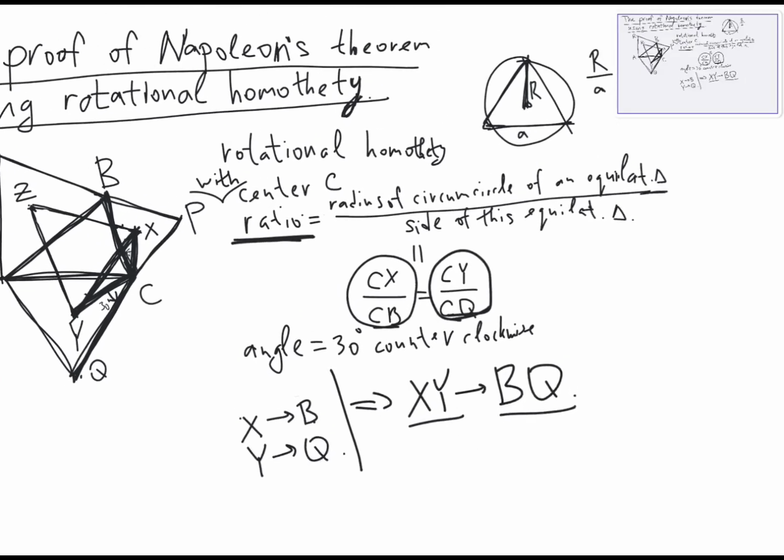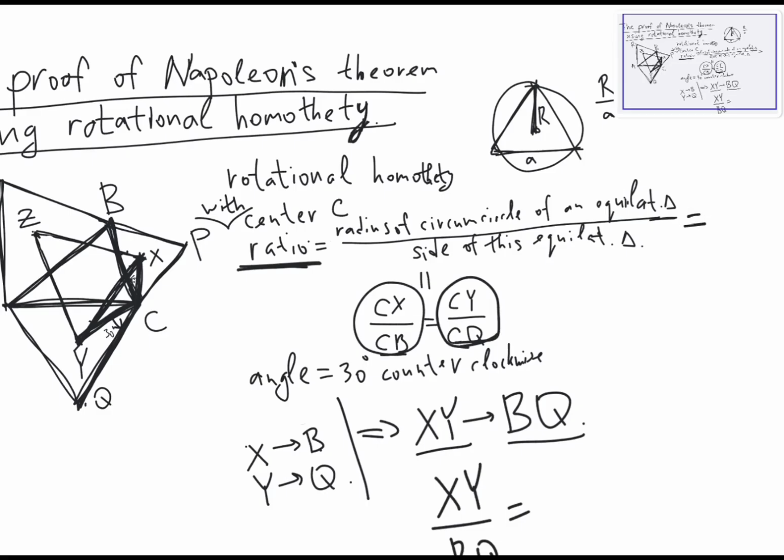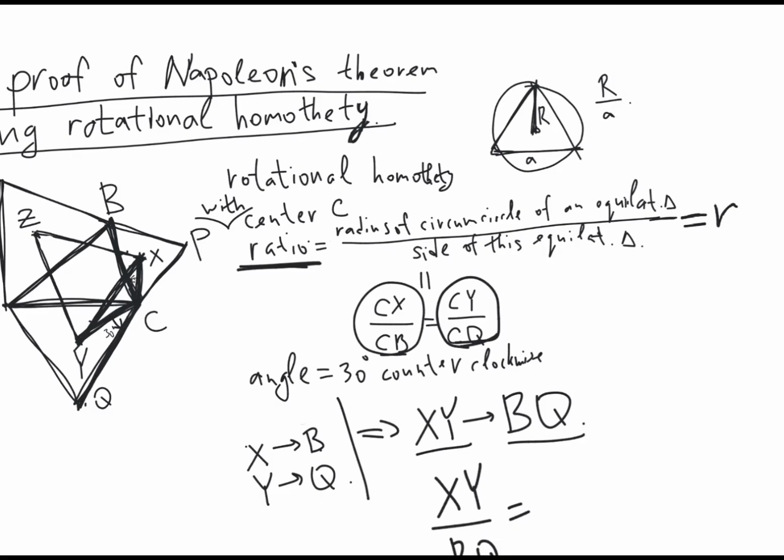So the ratio, let's denote it by... R is usually used for the radius, so let's use K. So let K be this ratio.